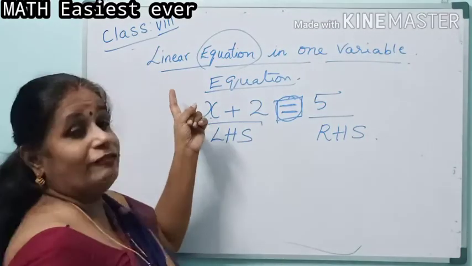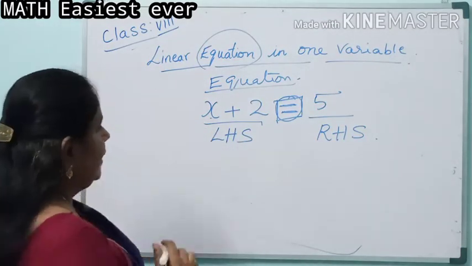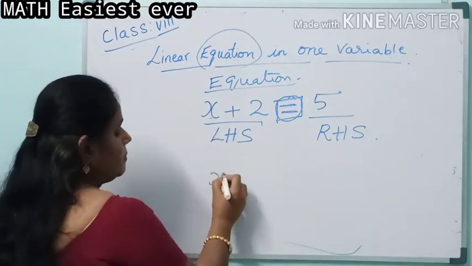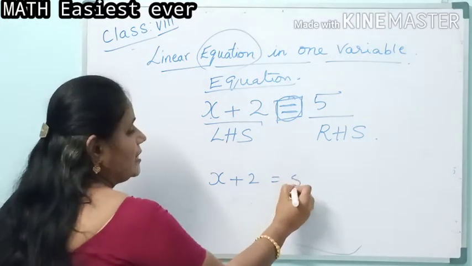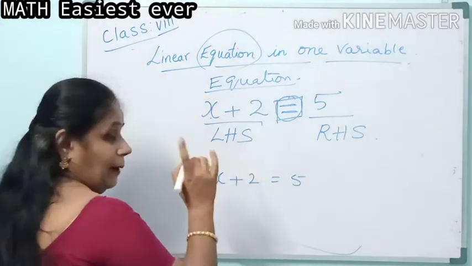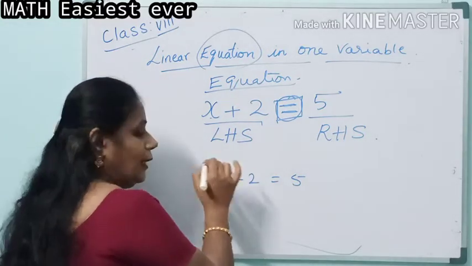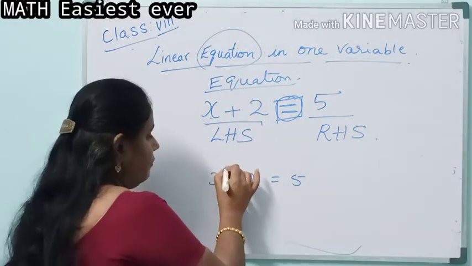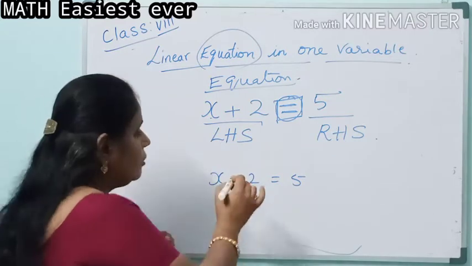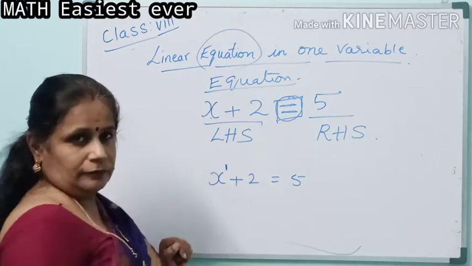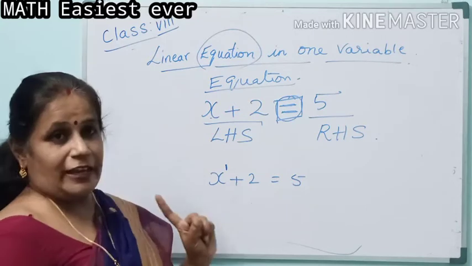What is the meaning of linear equation? Linear equation means, see, x plus 2 is equal to 5. See the power or degree. You have learned in 6th, 7th and all. The x is not having any power, so that means its power is 1. So the power of x is 1.